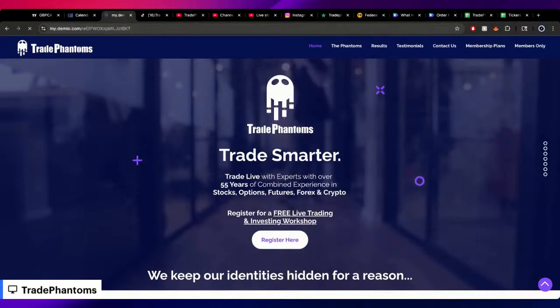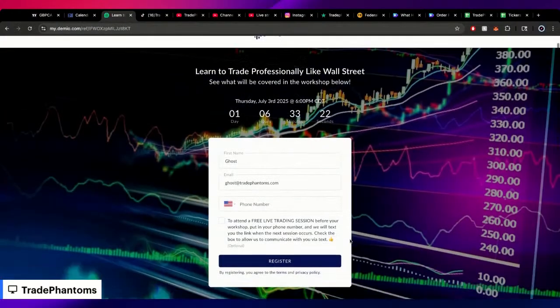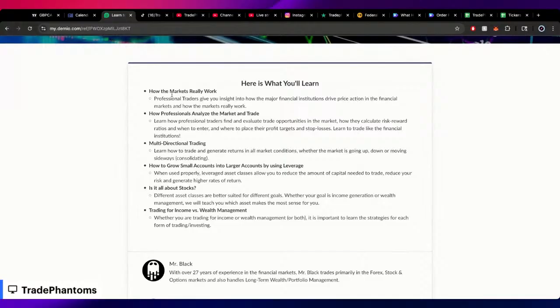We'll teach you more about how professionals trade. We'll do a deeper dive in all this. How the markets really work, because most people don't really understand how the markets move. How professionals trade and analyze the market, like how we identify institutional order flow, where the banks buy, where the banks sell. All the Phantoms worked as professional traders. So to be clear, we did not invent IOF analysis. Banks have been doing this for decades, if not hundreds of years. We're just teaching you more about how we were trained when we worked at investment firms.